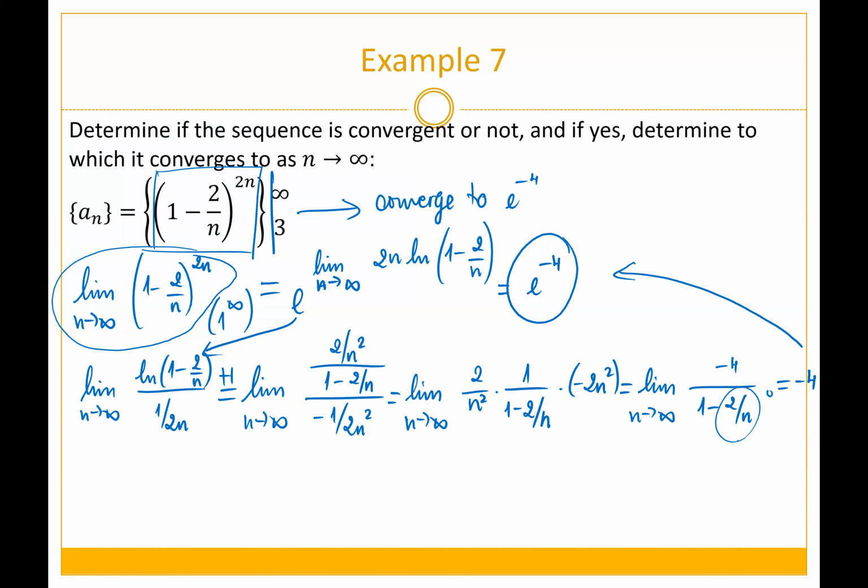So here, the sequence is going to go like this: (1 - 2/3) to the 6, then (1 - 2/4) to the 8, and then (1 - 2/5) to the 10. So the 3 doesn't really matter. When you try to find sequence convergence, the thing you care about is as n approaches infinity. Is that clear?